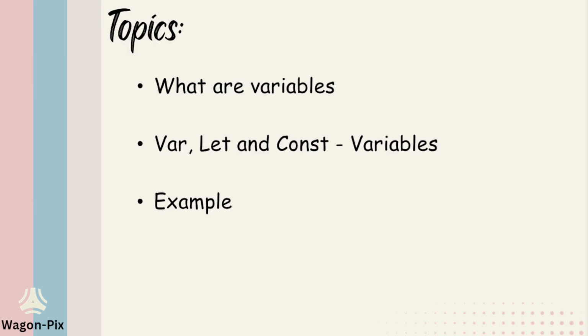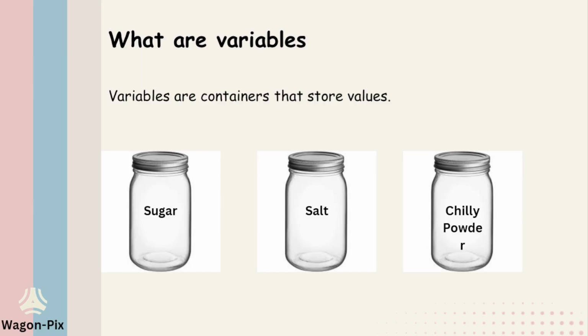Okay, so when I say variables, what do I mean by that? Variables are used to store values. You can imagine this as jars in your kitchen. We have different kinds of jars which are used to store specific things.